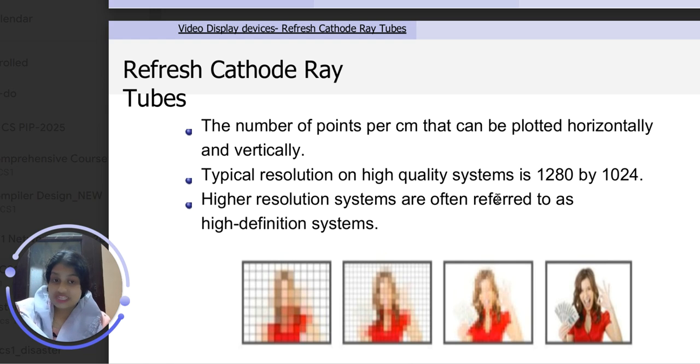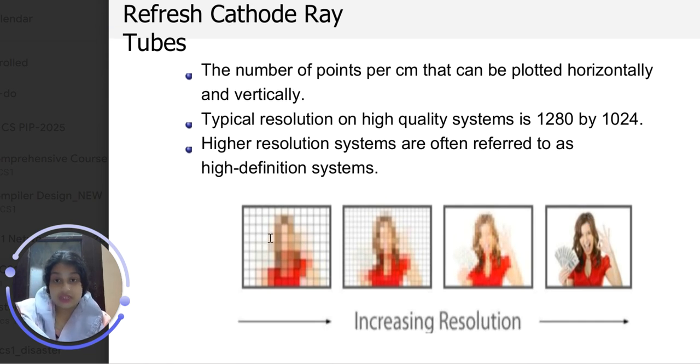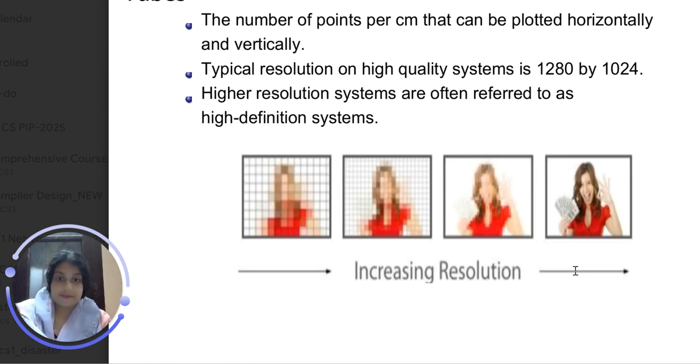Higher resolution systems are often referred to as high definition systems. You can see here that when the number of points increases, the resolution increases. The fourth figure is much clearer than the first picture, because it has more pixels.